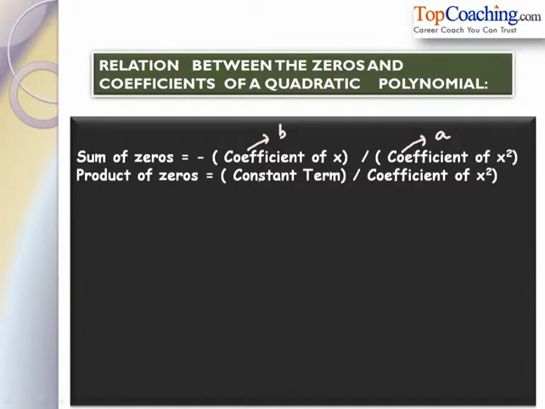The constant term here is c and the coefficient of x squared is again a. Therefore, alpha plus beta, which are the roots of this quadratic polynomial, is equal to minus b by a, and alpha beta is equal to c by a.